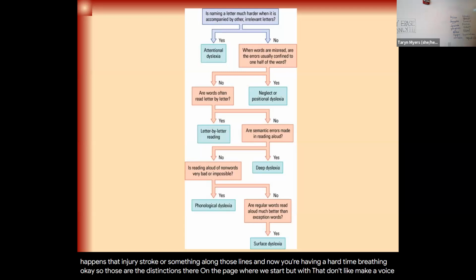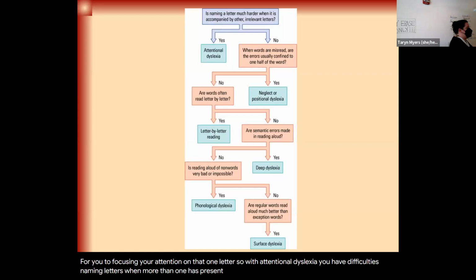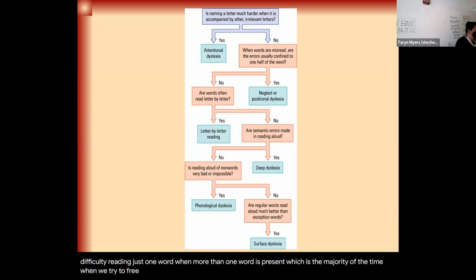The philosophy there is that it's more challenging for you to focus your attention on that one letter. So with attentional dyslexia, you have difficulties naming letters when more than one is present. And that can also carry over to words. You have difficulty reading just one word when more than one word is present, which is the majority of the time when we try to read, right?